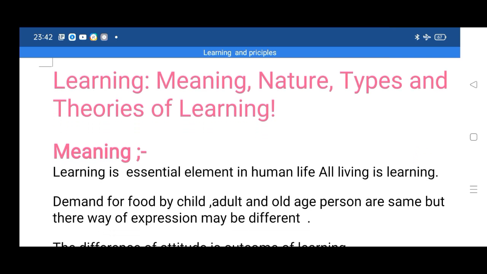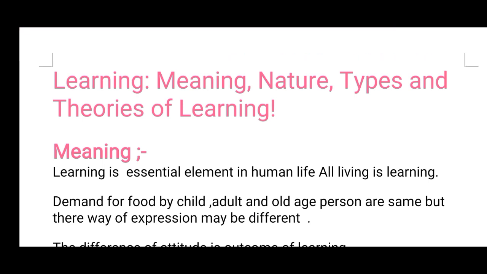Meaning: learning is an essential element in human life. All life is learning. Definitely we know that the demand for food by a child, an adult and an old-age person is the same, but their way of expression may be different.